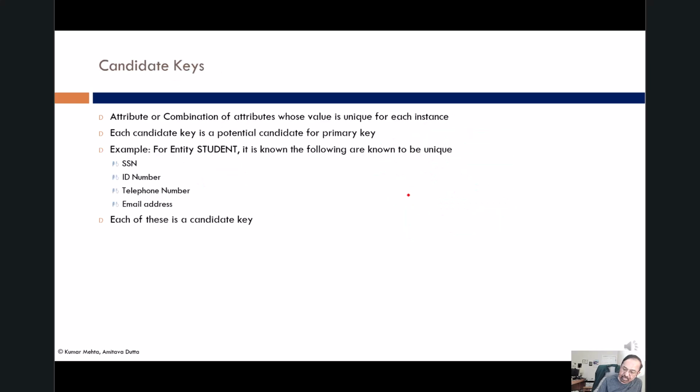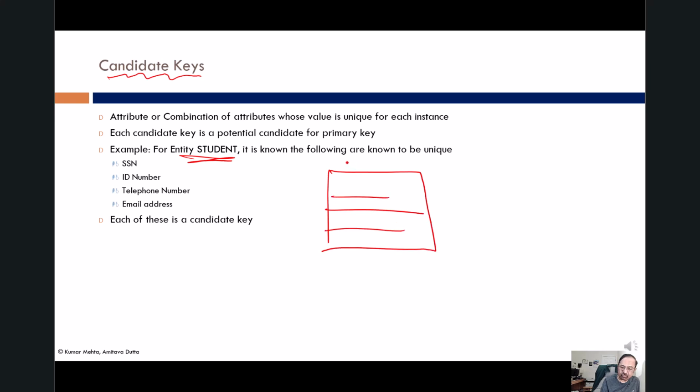Okay. Now, within this concept of a primary key or unique identifier, there's a related concept called candidate keys. Candidate keys are simply attributes that could possibly be unique, that could possibly serve as a primary key. So for instance, if you have an entity called student, there are various attributes for this entity.